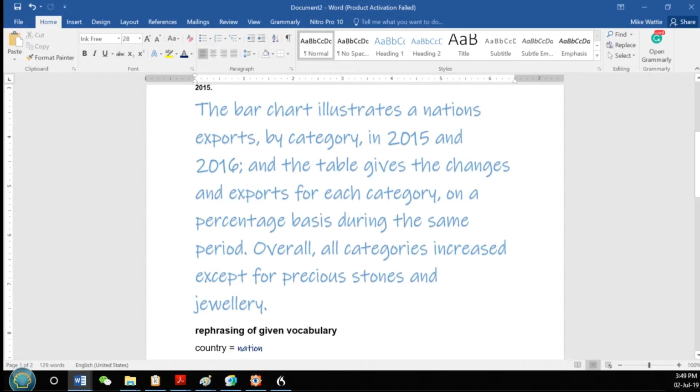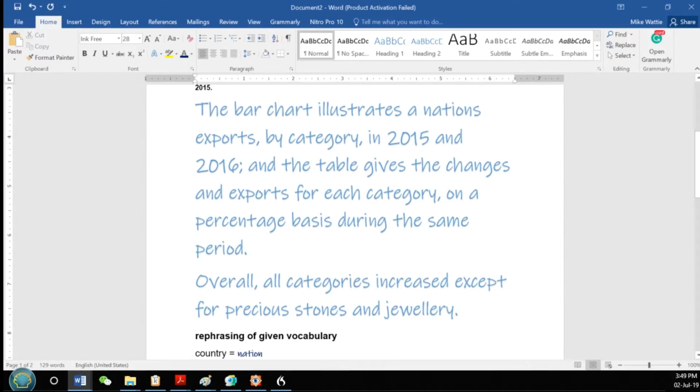Okay, so that's the introduction for this report. Note too that I've got the overall summary in here. This is the best place for it. You can put it as another paragraph, but then it's a sort of 1-sentence paragraph. Don't really like it. You can put it at the end of your report. Again, it'll be a 1-sentence paragraph. I think this is the best place to put your overall summary.